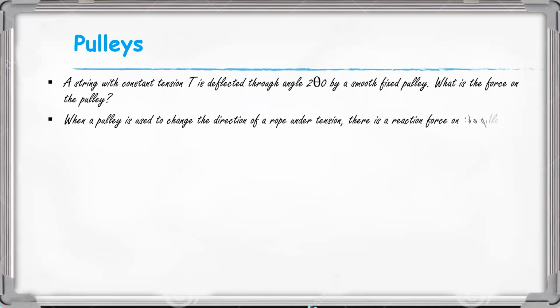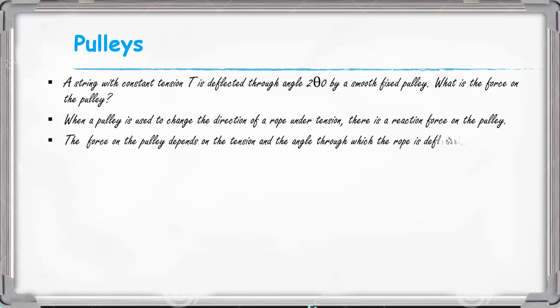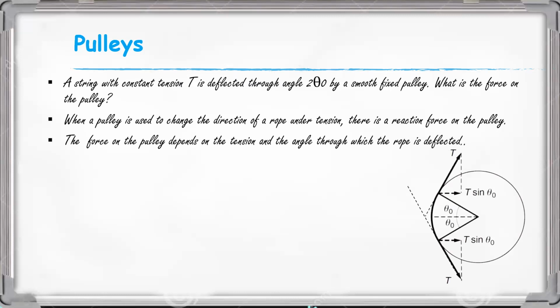When a pulley is used to change the direction of a rope under tension, there is a reaction force on the pulley. The force on the pulley depends on the tension and the angle through which the rope is deflected.